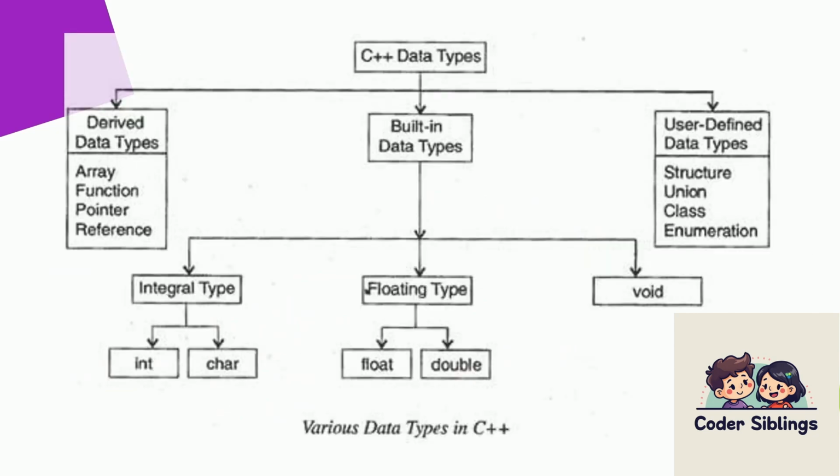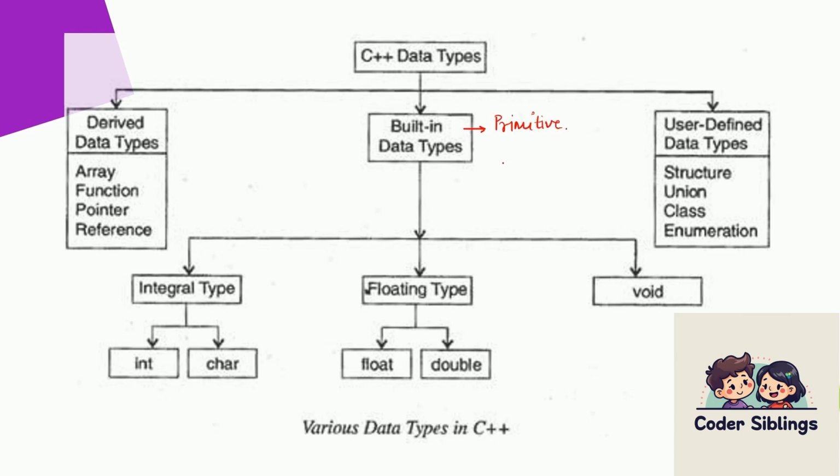Now moving on to the types of data types. On the first level, they can be distinguished as built-in data types, derived data types, and user-defined data types. Built-in data types are also known as primitive data types.